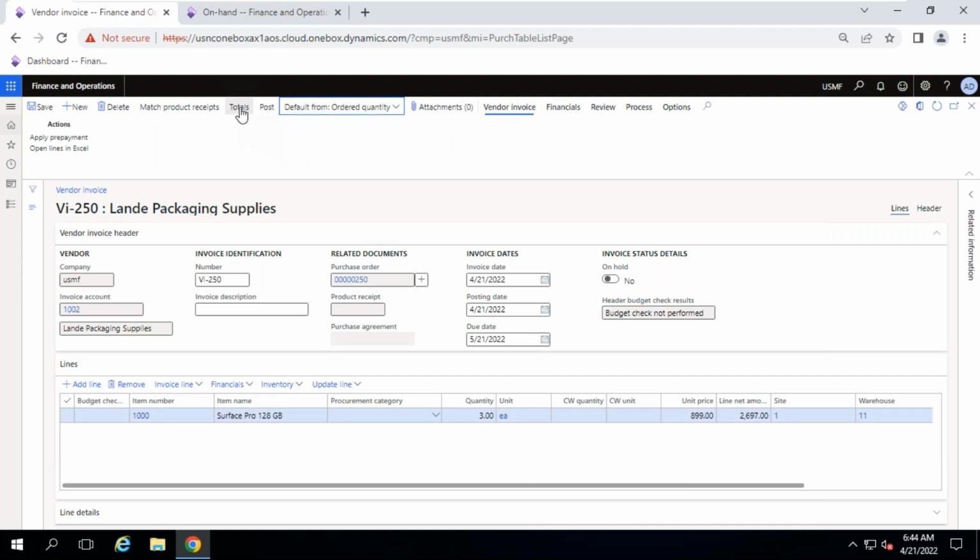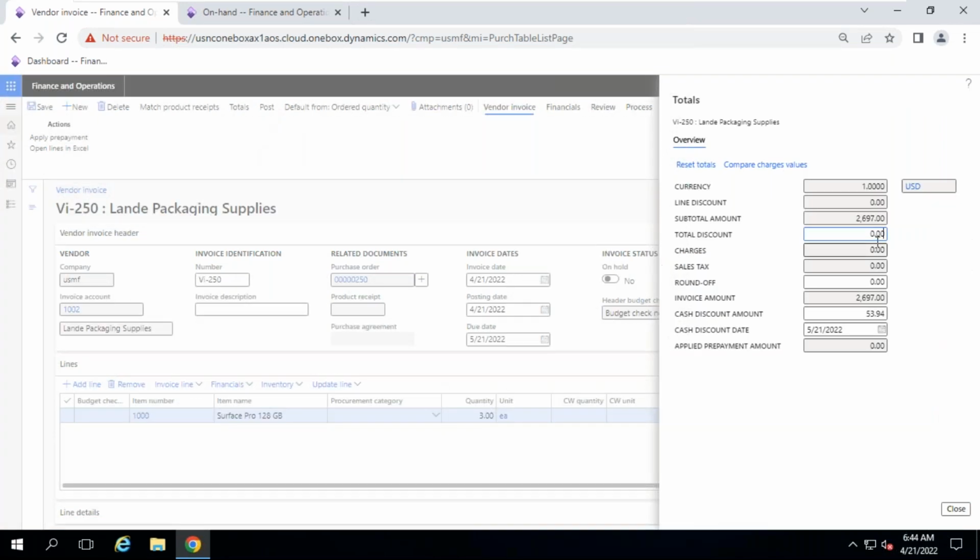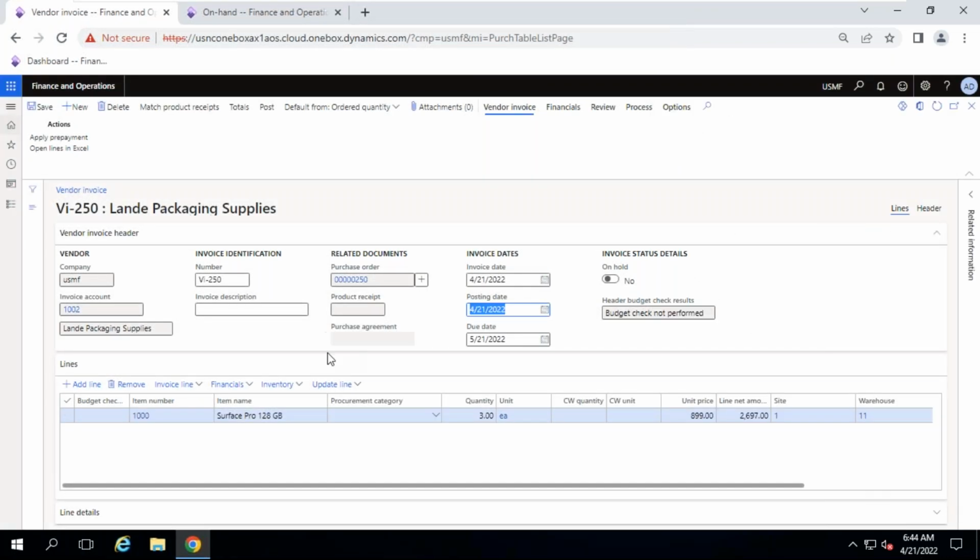Before going to post, the business people will verify whether the total amounts are correct or not. How to verify what these charges and taxes are, you will understand later. Slowly you will understand. So it was selected.